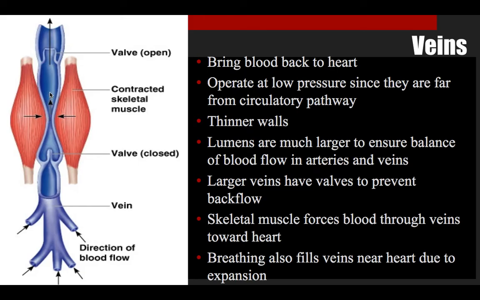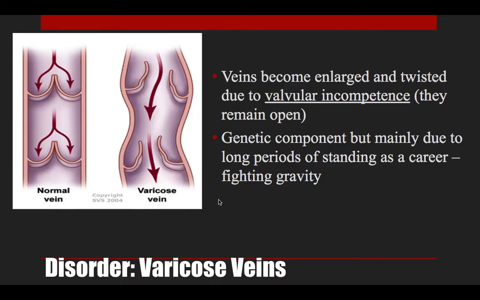That creates an area of high pressure right here, which forces the blood up and out through the valve. It also creates an area of relative low pressure behind where the muscle contraction happened, which then allows the valve to close even better. And then also, when you breathe, your lungs will expand, which then creates negative pressure, which pulls blood back towards the heart as well.